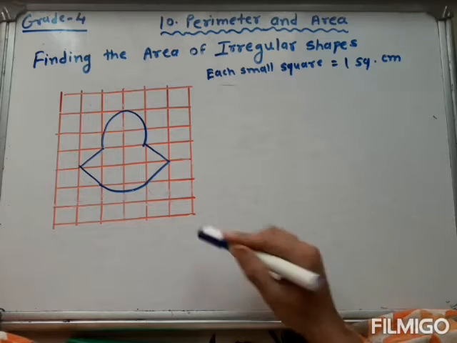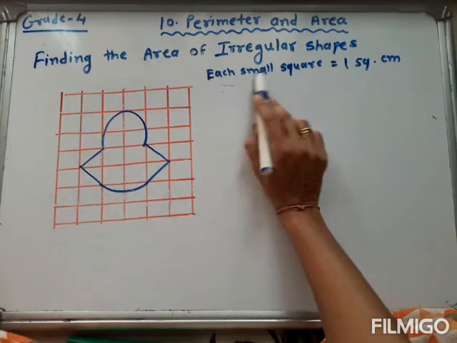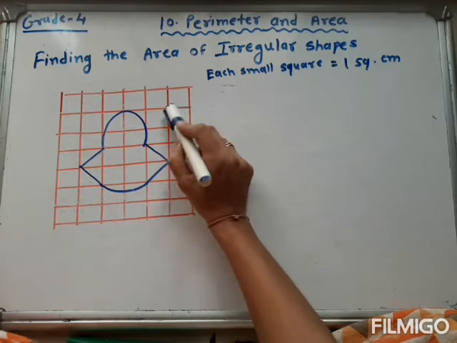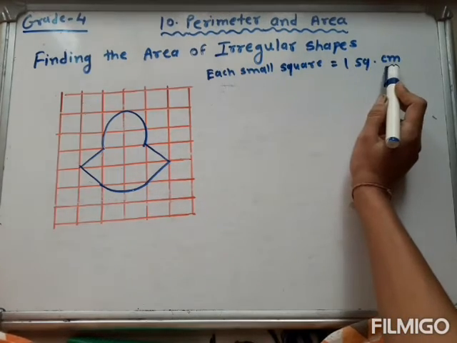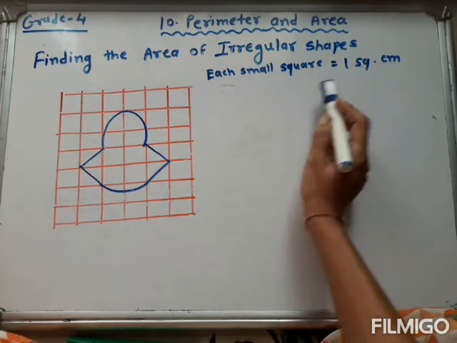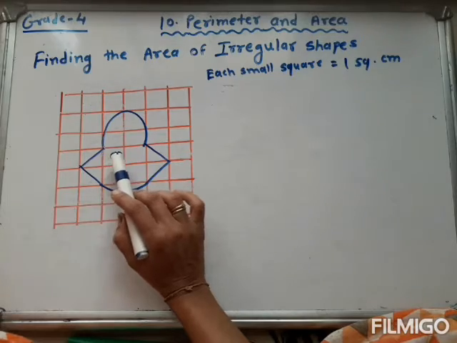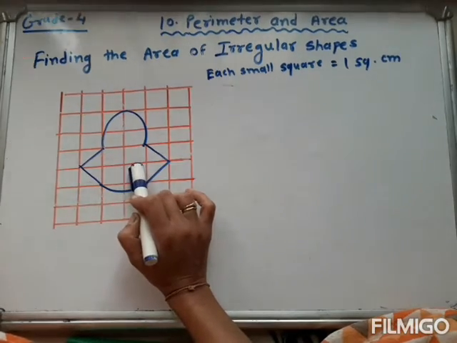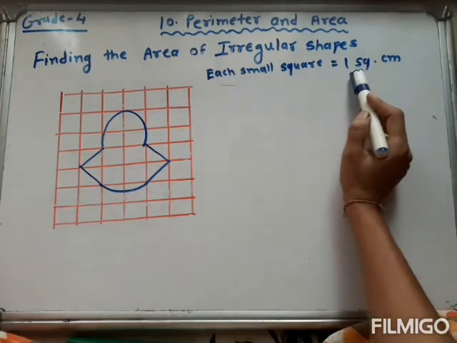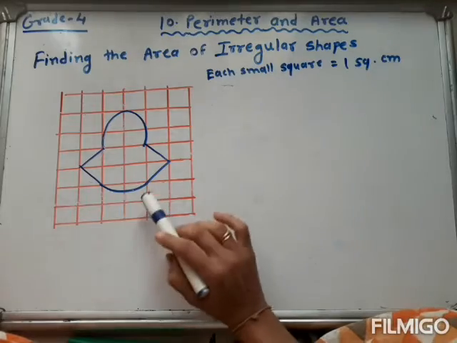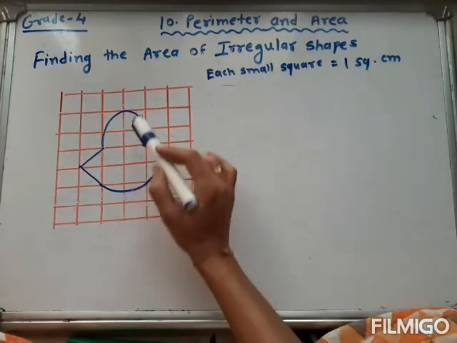First, the area is already given. The small square has an area of 1 square centimeter, so the area of a full square is taken as 1 square centimeter. Half squares and more than half squares are also taken as 1 square centimeter.